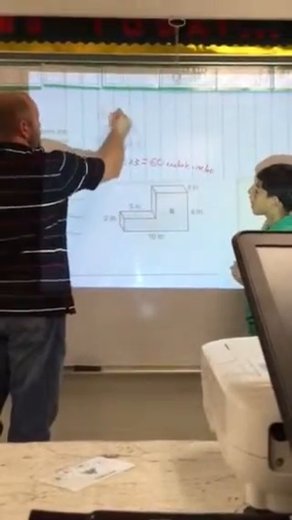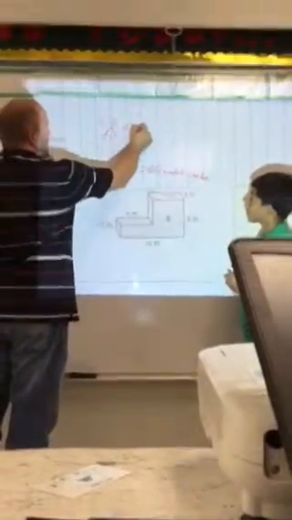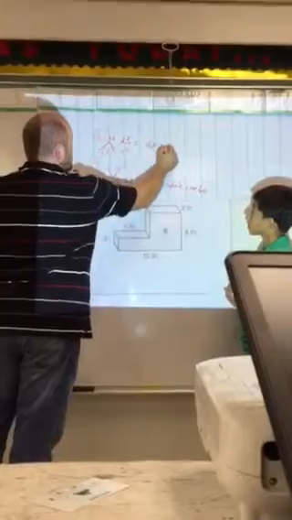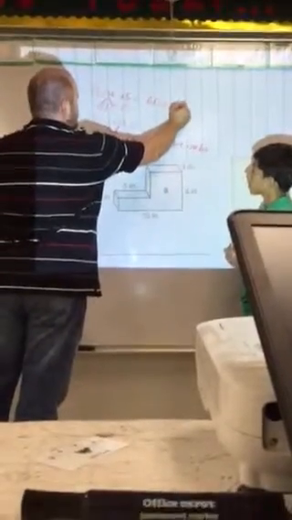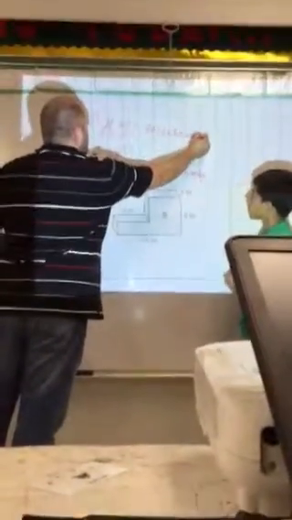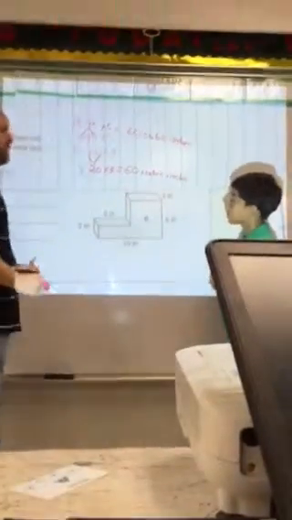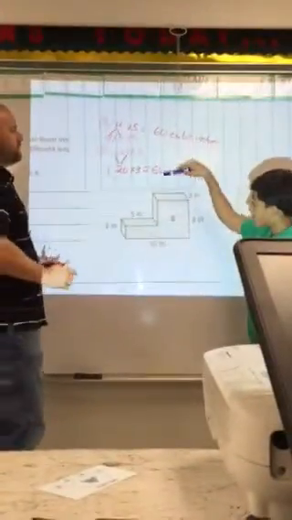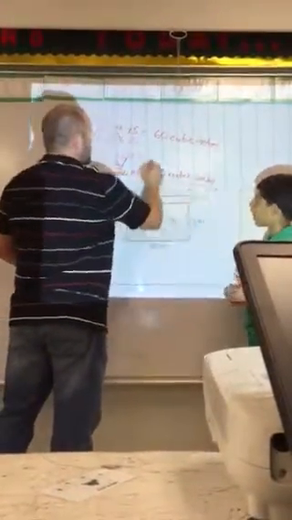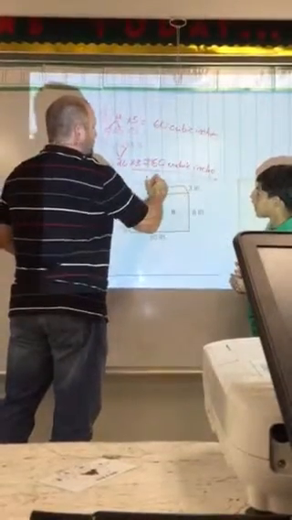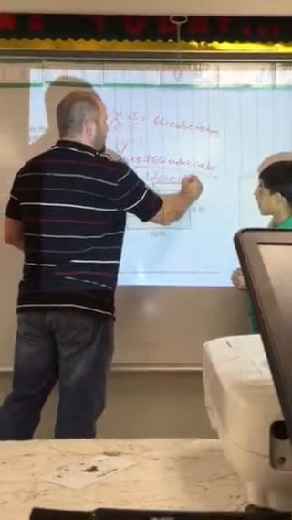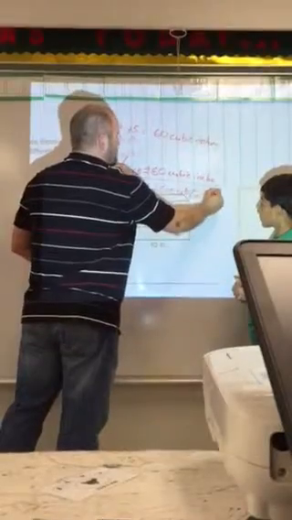And 4 times 3 is 12, times 5 is 60. So shape A was 60 cubic inches. What do I do with all this information? You add both of them. So 60 plus 60 is 120 cubic inches.